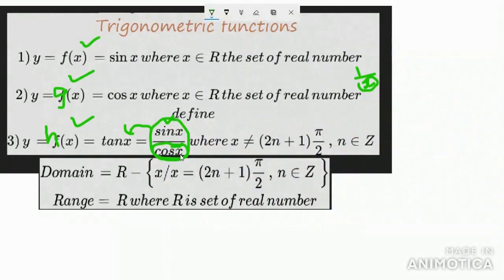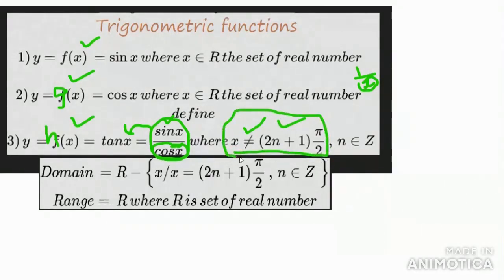In the previous session we already studied that cos x is equal to 0 for all odd multiples of pi by 2, and that's why you have to remove all these elements from the set of real numbers to define this function. That's why, while defining it, we have to write the condition x not equal to (2n plus 1) into pi by 2 where n belongs to Z.